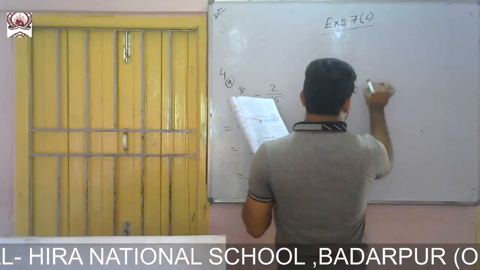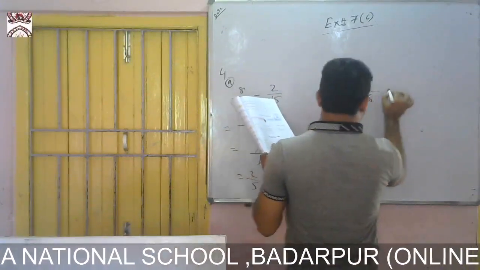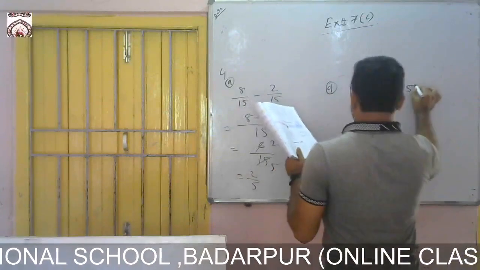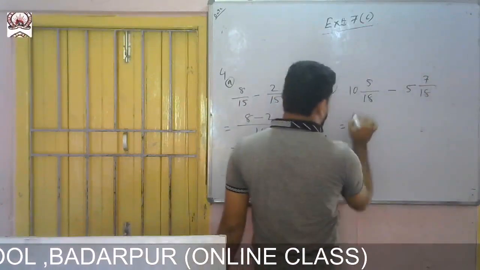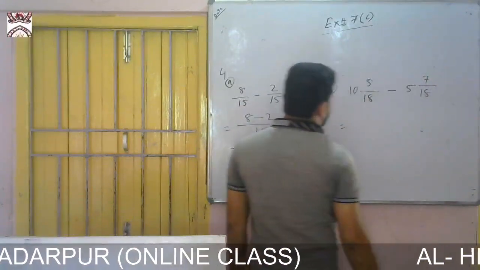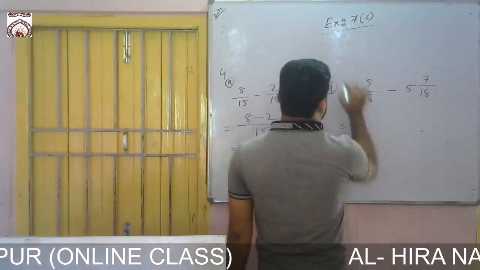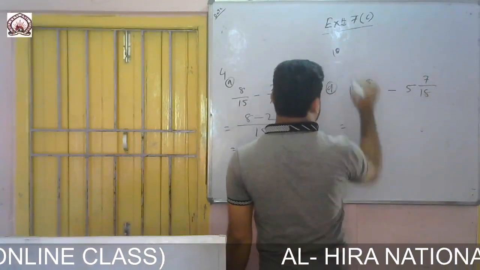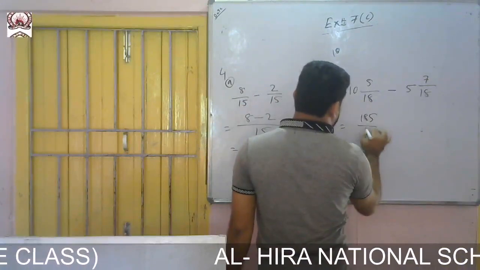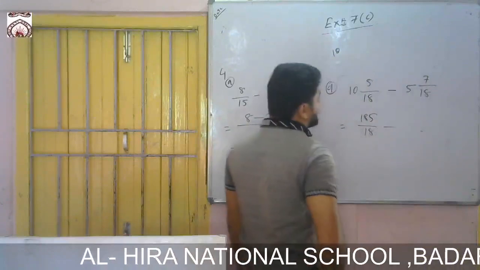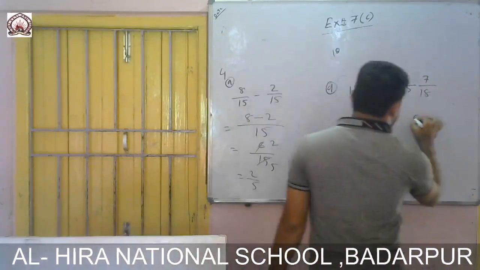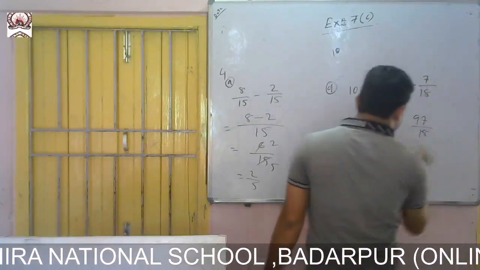10 5 by 18 minus 5 7 by 18. So break first. It will be 180. 10 into 18 is 180. 180 plus 5, 185 by 18. Minus 5 18s are 90, 90 plus 7 is 97, 97 by 18.